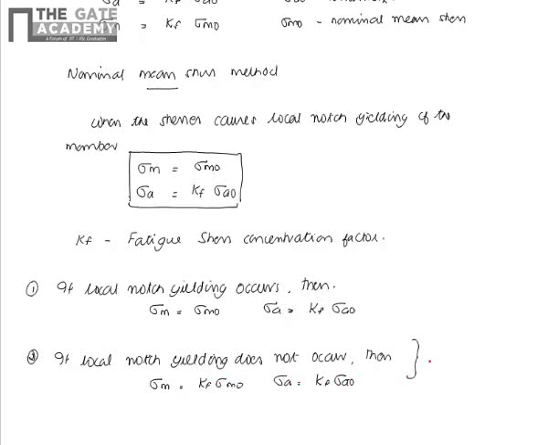This is a phenomenon which happens in brittle materials. In brittle materials we don't have any yielding occurring. So in brittle materials, sigma m is taken as Kf into sigma m0, and sigma a is Kf into sigma a0, where Kf is the fatigue stress concentration factor.